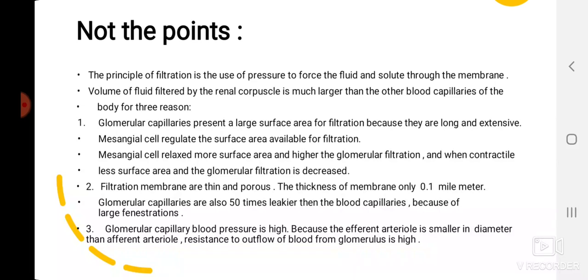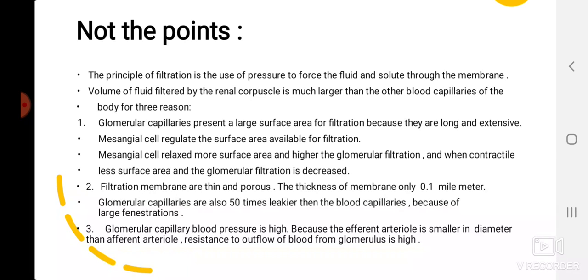The volume of fluid filtered by the renal capsule is much larger than in other blood capillaries of the body, for three reasons. So glomerular filtration is much larger. There are three reasons.